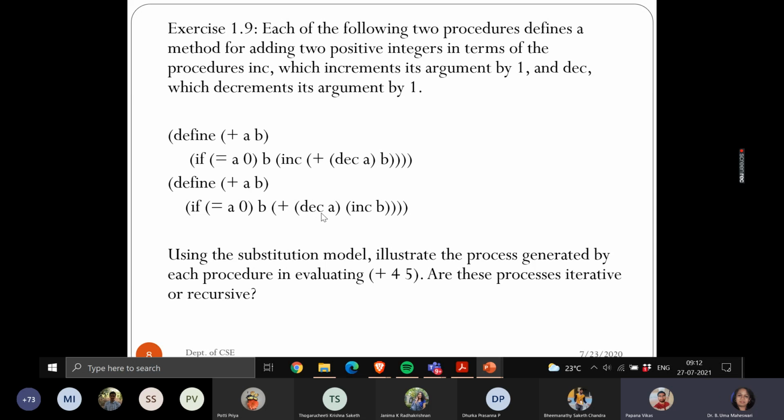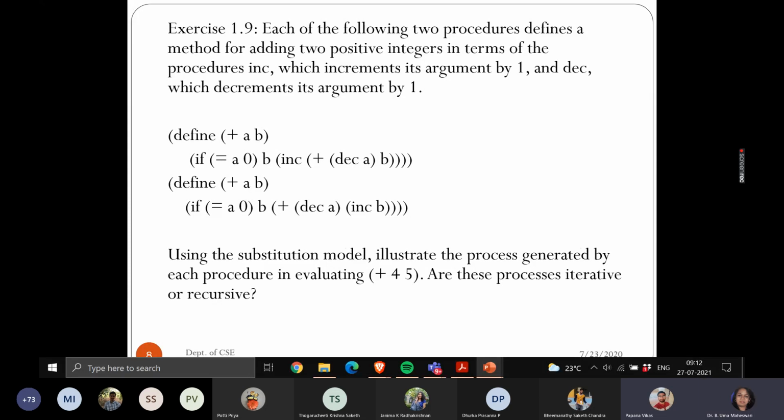Plus 3, 6, yes. Since 3 is not equal to 0, the next will pass plus 2, 7. And it will go on like that: plus 2, 7, plus 1, 8, plus 0, 9.